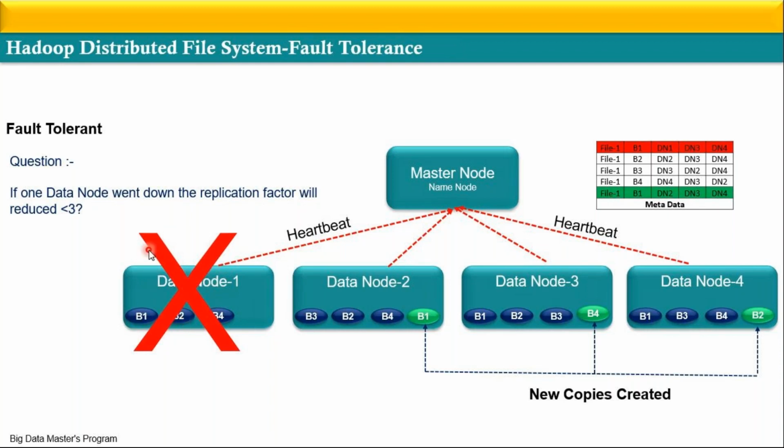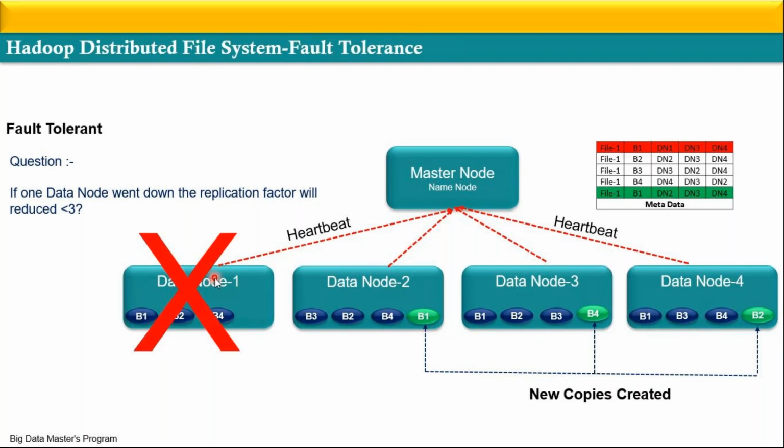At that moment, Hadoop is going to maintain the replication factor, and in order to do so, it is going to create the replicas on the remaining nodes. Say block 1, its replica is created. I just need to have 3 copies. Say B1 is available over here, over here, and over here. So replication factor 3 is maintained.